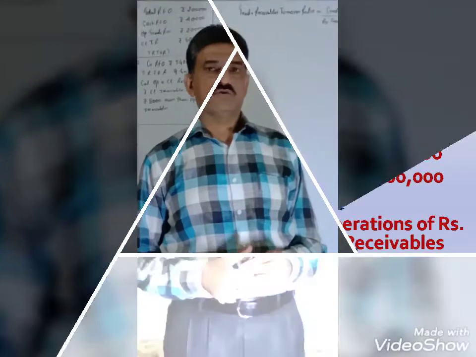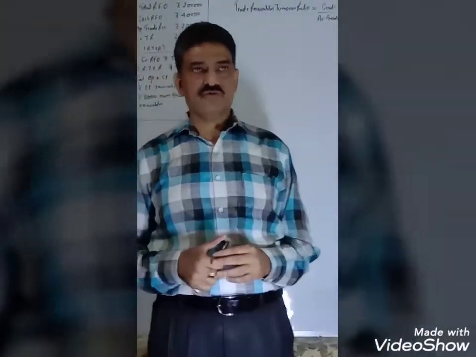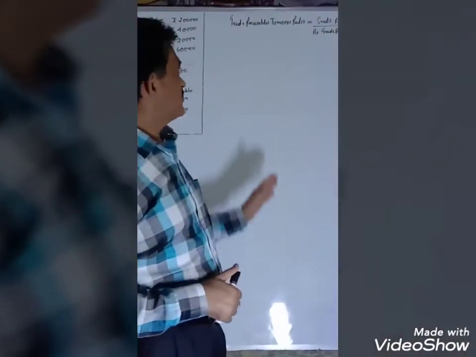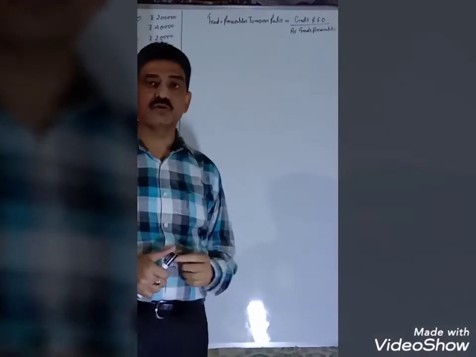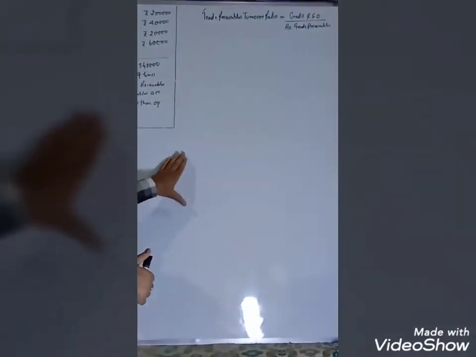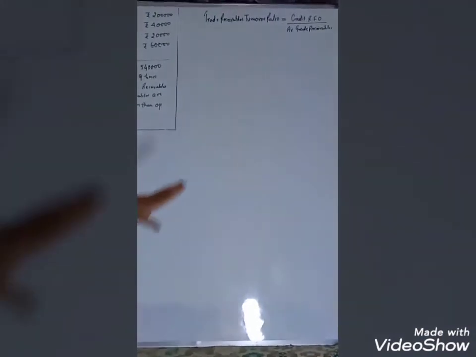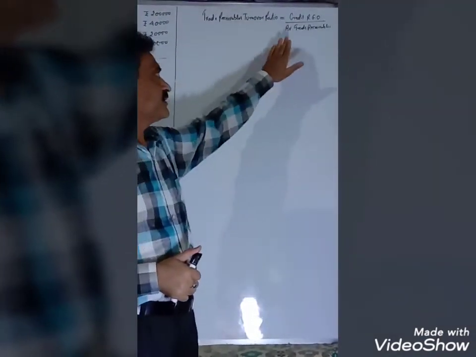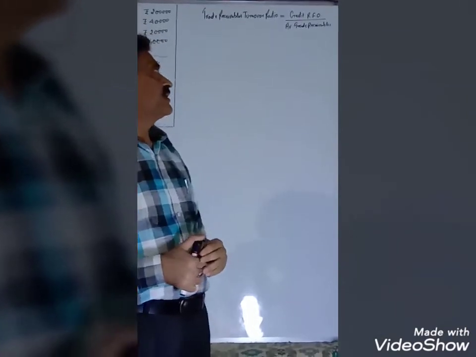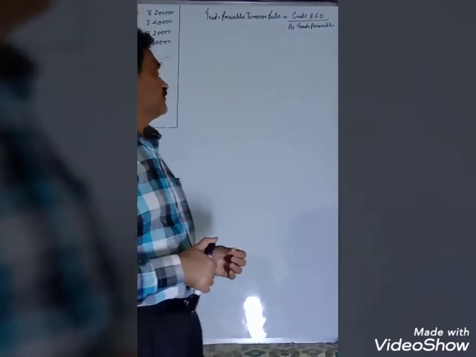Now, another ratio under the activity ratios is the trade receivables turnover ratio. For its calculation, we have to take the formula: credit revenue from operations divided by average trade receivables.